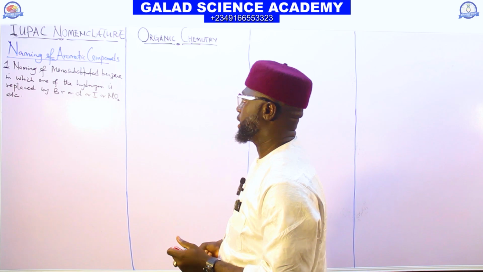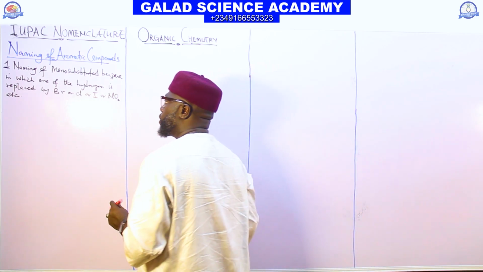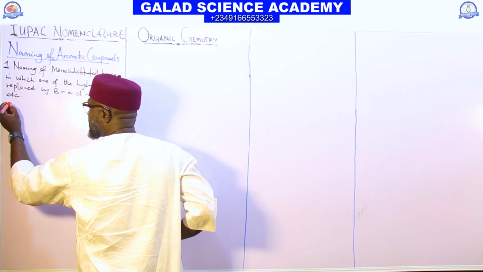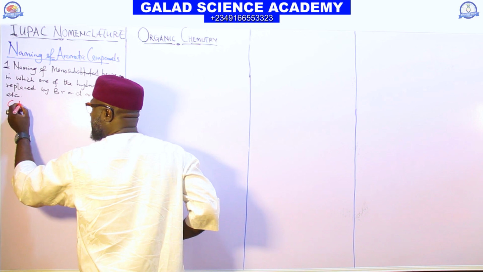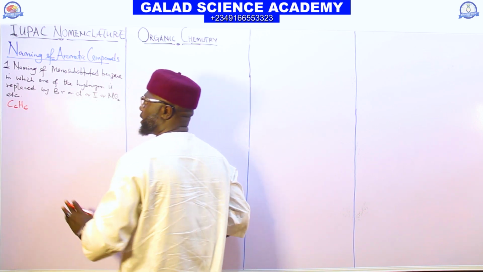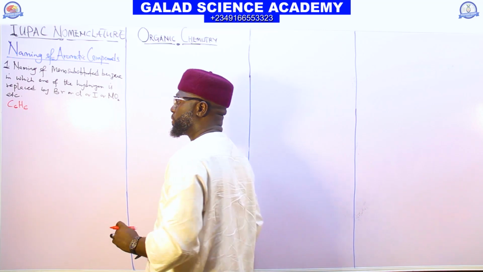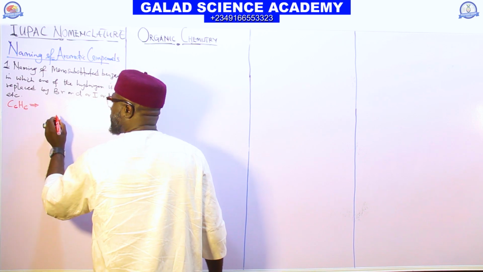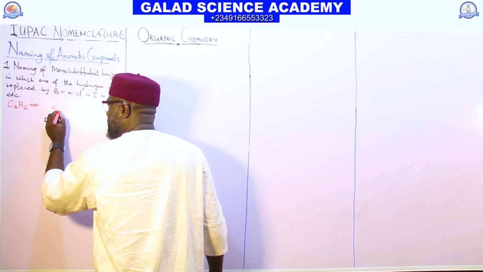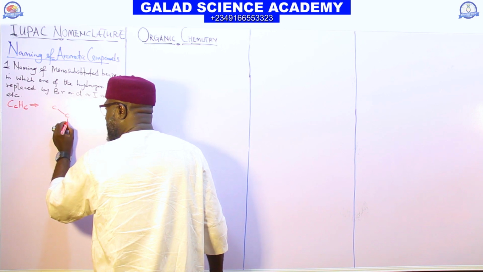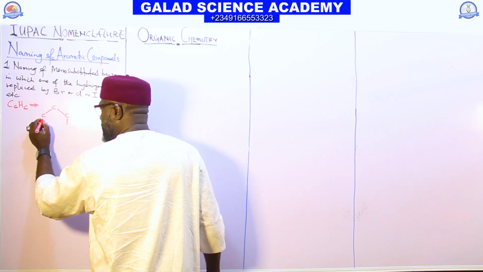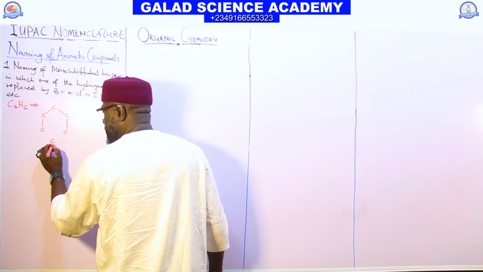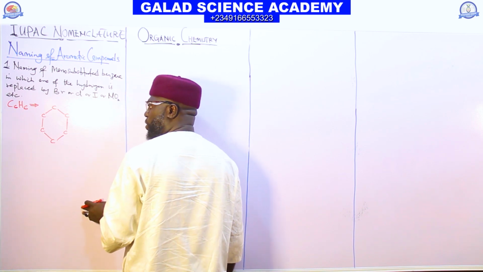So for this case, let us look at it now. You know that the benzene molecular formula is C6H6. But the structural formula for benzene, in terms of structure, we have C, C, C, C, C, C. This is the structural formula for benzene.